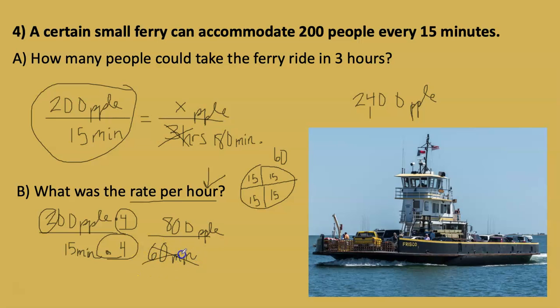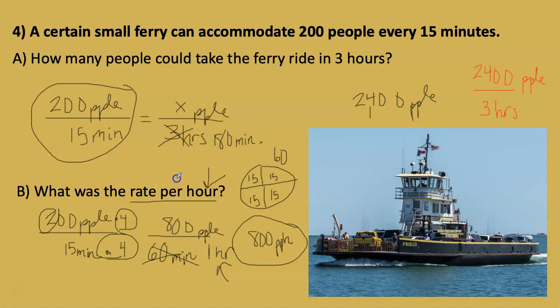Well, 60 minutes is the same as an hour. So there we go, we've solved it because we know that we have a unit rate when the denominator is 1. So this would be 800 people, P, per, and then H for hour. So 800 people can ride the ferry every hour.